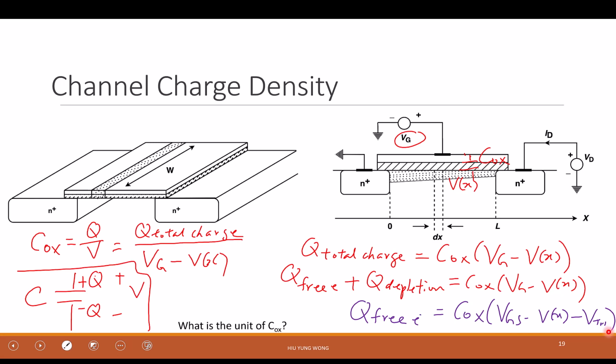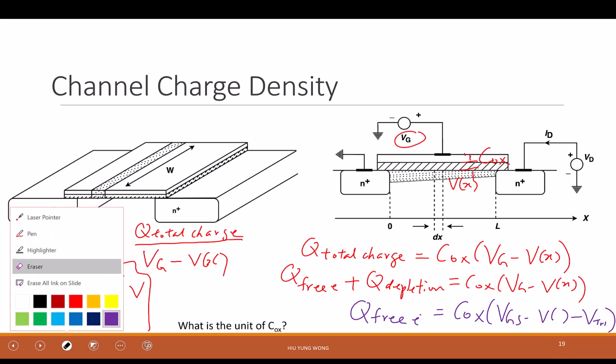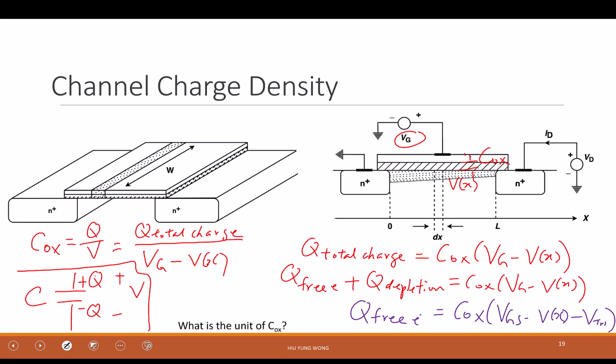Whatever charge you accumulate before Vgs minus Vx minus Vth equals 0 does not contribute to the free electron. Is this okay? Or you can think about Vgs minus Vth as the overdrive. So after the threshold voltage, we start inducing the mobile charge, right? And that's why we have this equation.